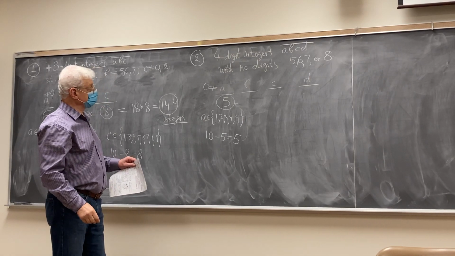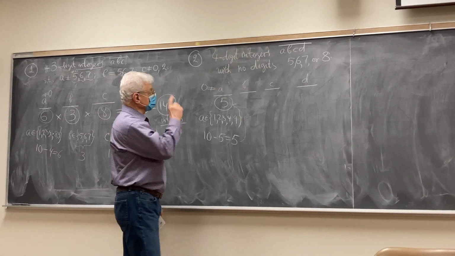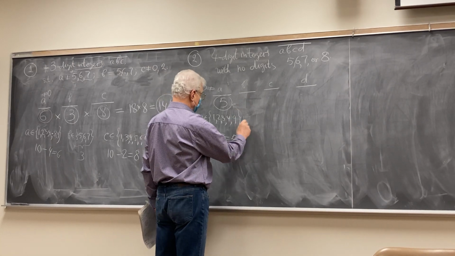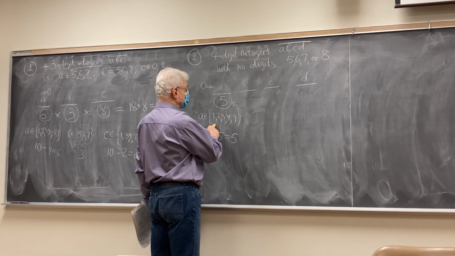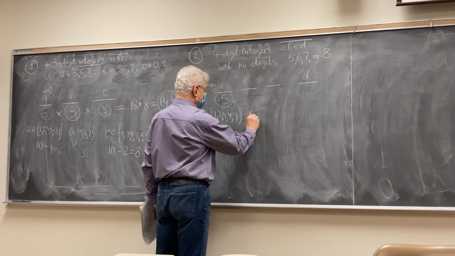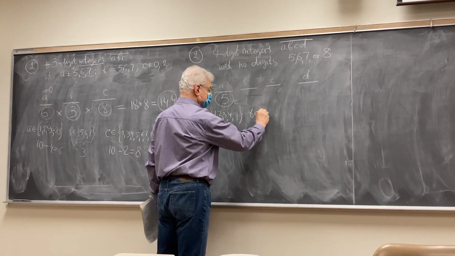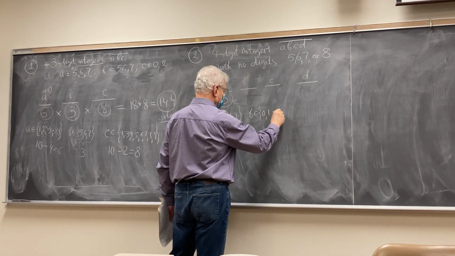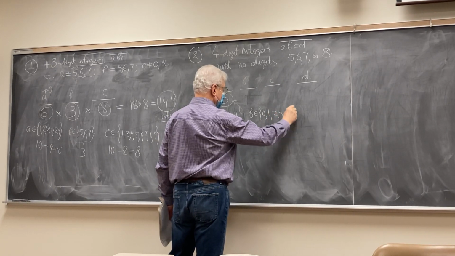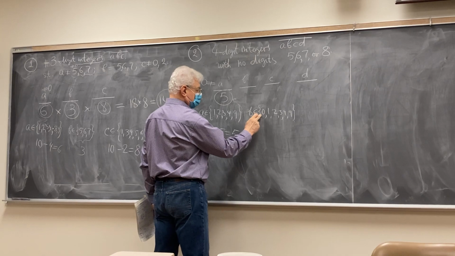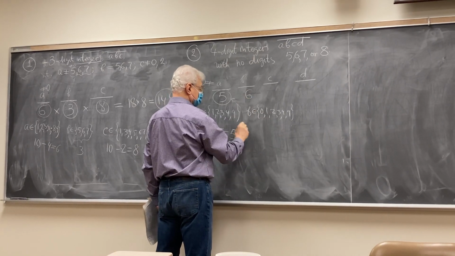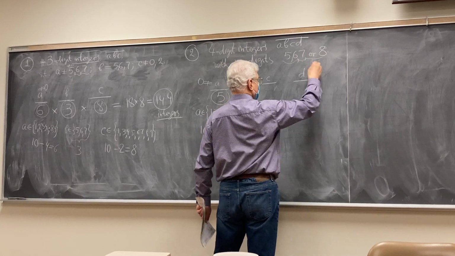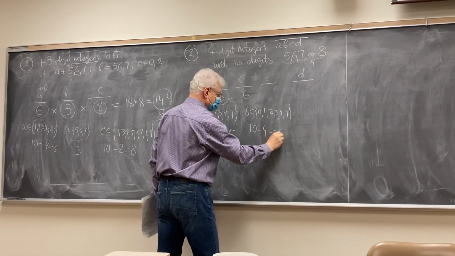Now for B, also 5, 6, 7, and 8 are not allowed. Now B could be 0 in this case, and all the others from the previous one, 1, 2, 3, 4, and 9. So it will be 6 possibilities, 10 minus 4 will be 6.